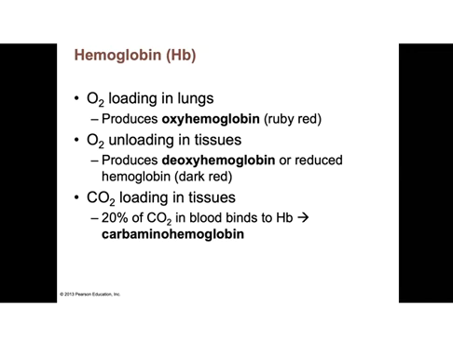And so those are called the Haldane and the Bohr effect. So that's not going to happen in the lungs, because CO2 levels and pH levels are flipped. CO2 levels are low in the lungs, and pH levels are not acidic. So the hemoglobin is going to tend to soak things up.